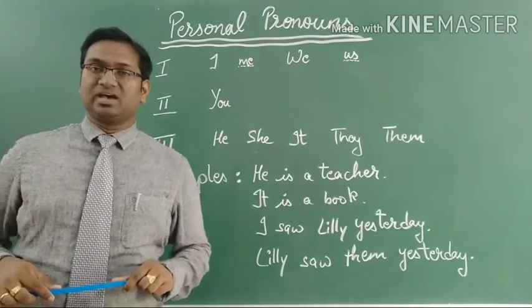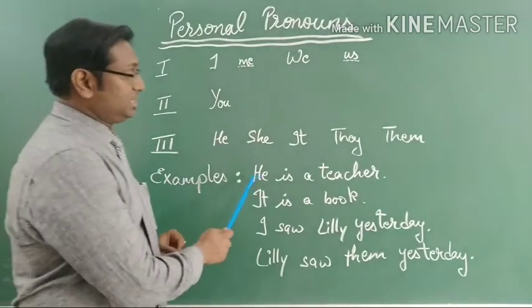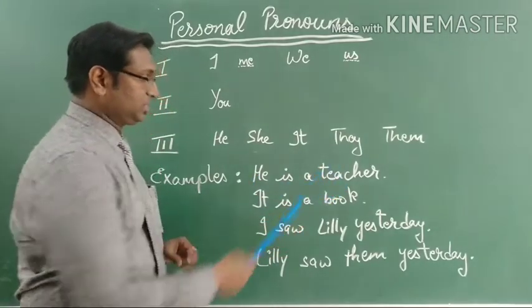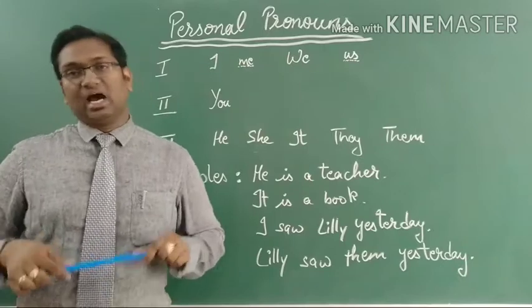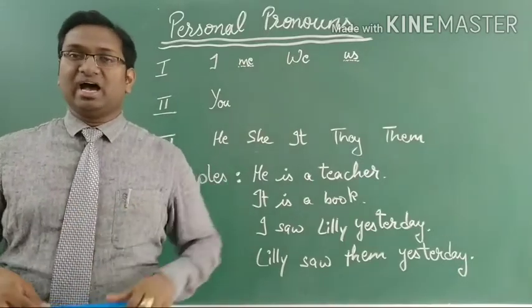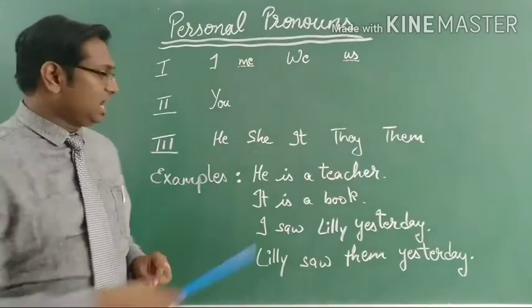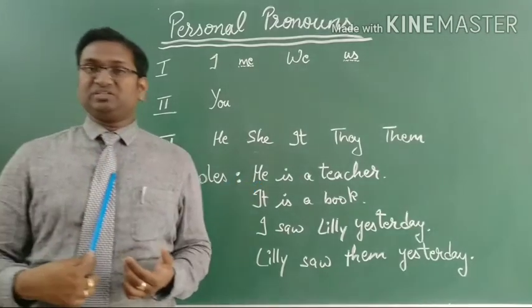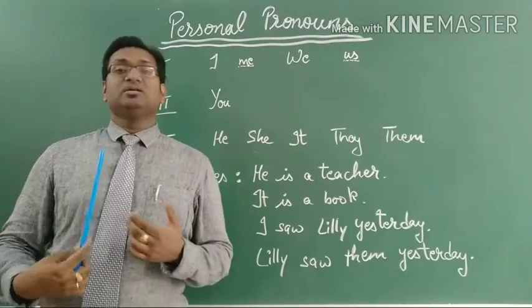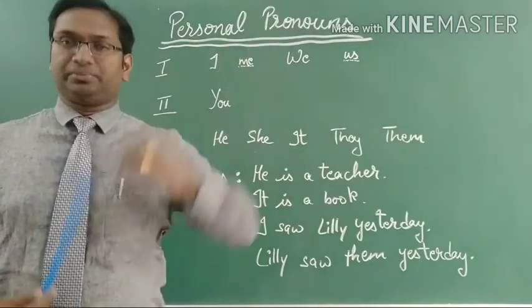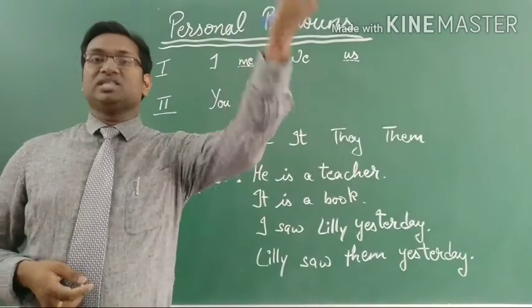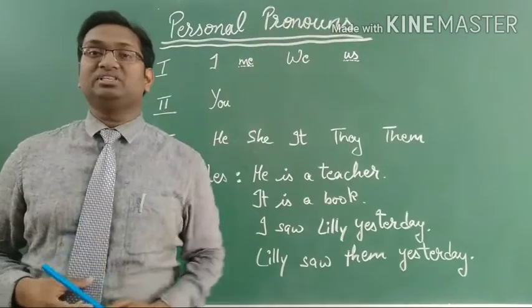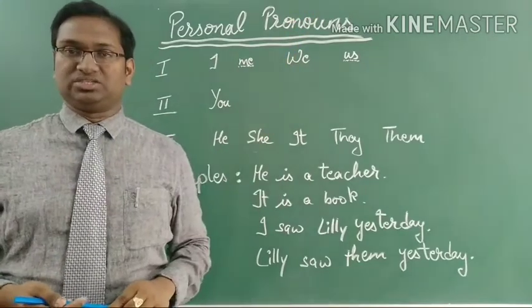Now, let's see the examples. He is a teacher. Over here I can also write Rahul is a teacher, but I have replaced Rahul and instead of Rahul I have used he. So first person and second person, we both are talking about the third person, and the third person is Rahul. That is why in place of Rahul we said he is a teacher.